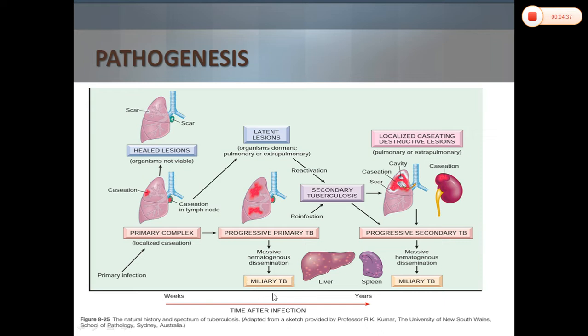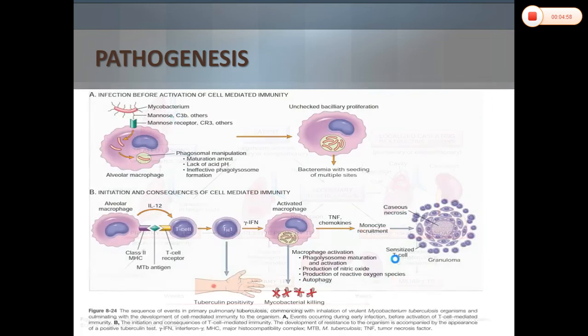In miliary tuberculosis, they mostly affect the liver and spleen. It shows granular lesions in the organs as seen in this picture. This is the natural history and spectrum of tuberculosis.